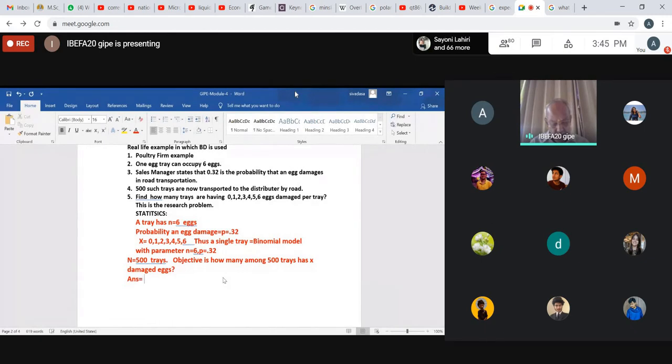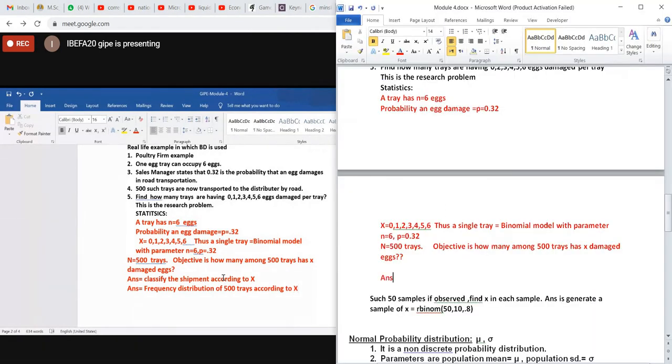So in that we classify the trays according to X. Answer equal to classify the shipment according to X. That means the frequency distribution of 500 trays according to X. Any other question?